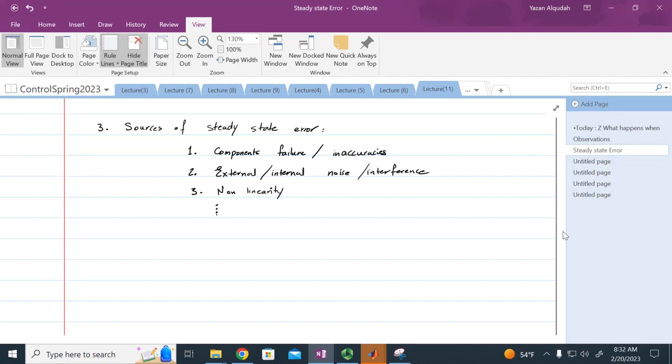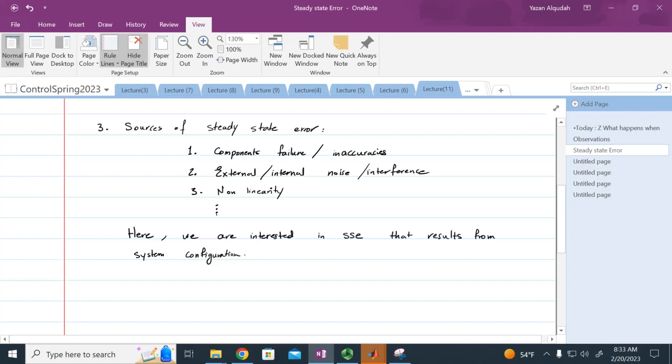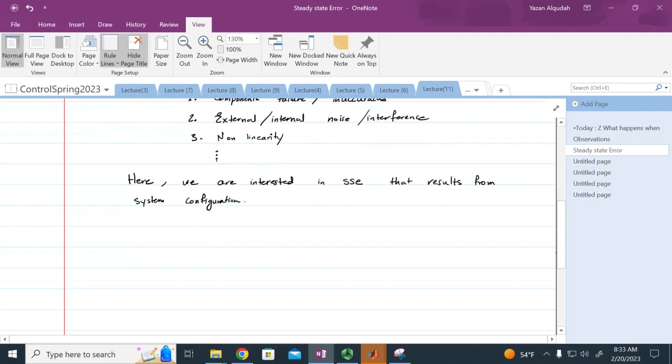So what we're going to be analyzing is the steady state error that results from the system configuration. And we'll see what this means as we go. We'll see what we mean by system configuration. Okay.